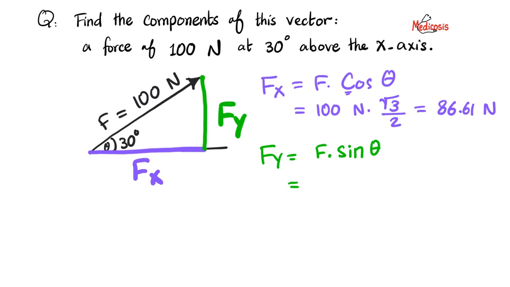F is 100 newton. And sine theta is sine 30. Sine 30 is 1/2. So it is 100 times half equals 50 Newton. So here is your x component and your y component. All of this is to tell you that force is a vector. It has a magnitude and a direction.